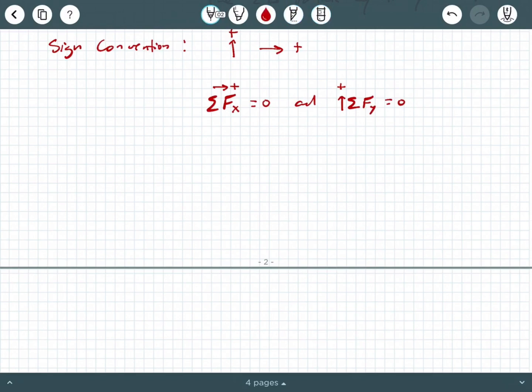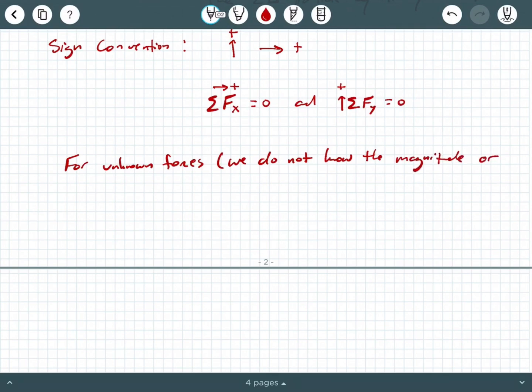All right. The next thing we want to talk about is how we handle unknown forces. What if we were asked to solve for a force? How do we handle an unknown force if we don't know what direction it's pointing, for example? For unknown forces where we do not know the magnitude or direction, we must assume a direction.